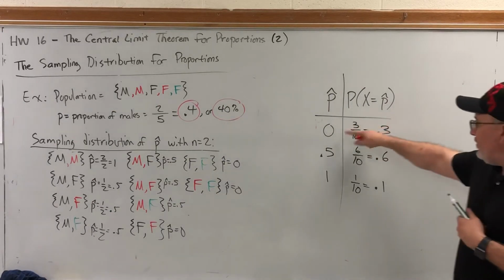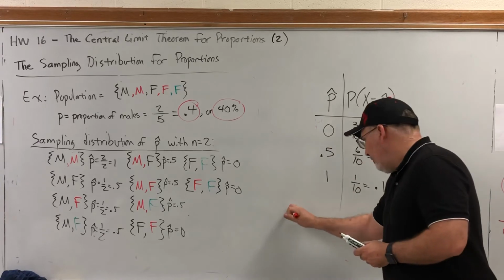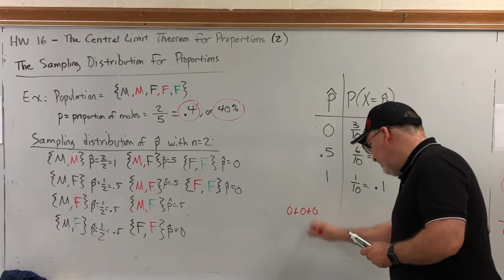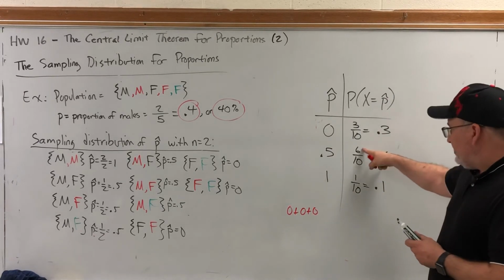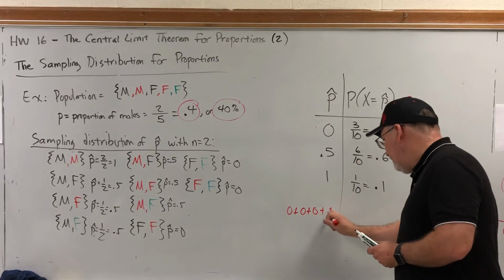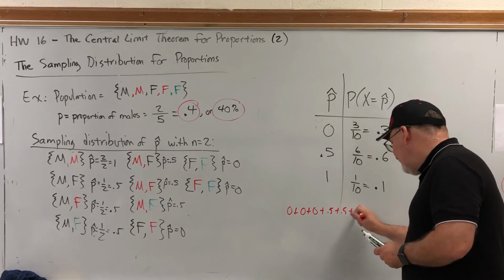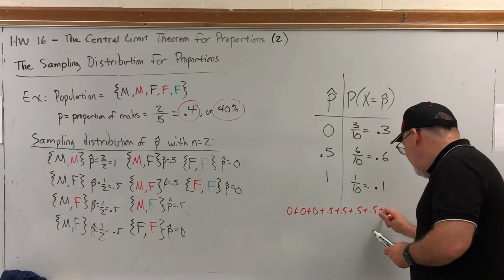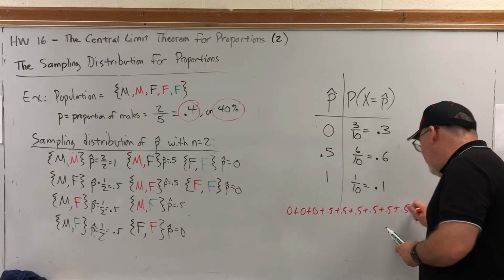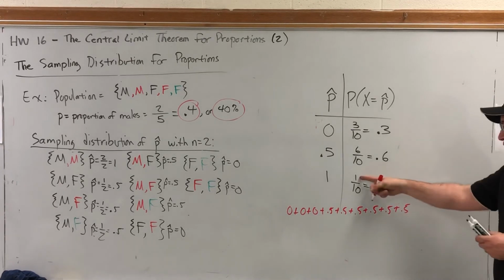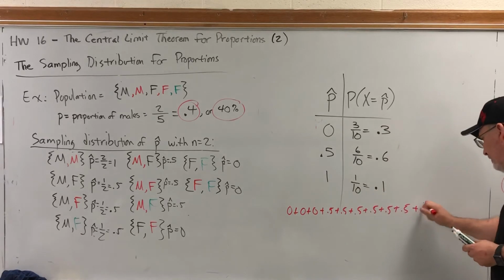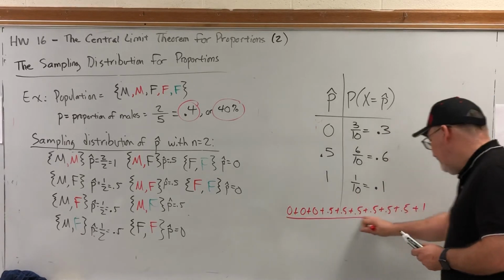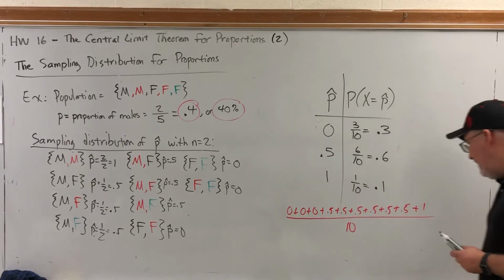We had 3 of them that were 0, so we would add 0 3 times, which is silly. 6 of them were 0.5, so we could add 0.5 6 times. We could have just done 0.5 times 6. 1 of them was 1, and there was a total of 10 of them.